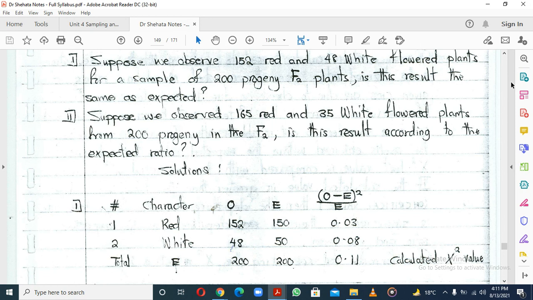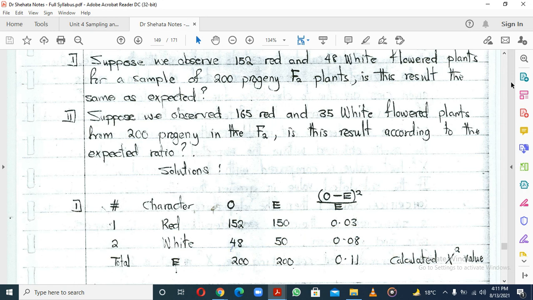Then what are the expected values from Mendel? Mendel tells us that from that crossing of heterozygous plants, the ratio of red to white should be 3 to 1. So how do you find the fraction? You add the ratios and then you put the ratio of the one that you are looking at. We say 3 plus 1 is 4.